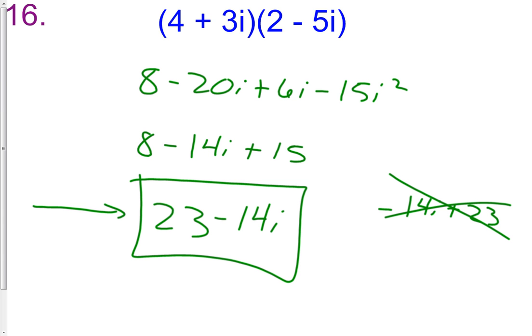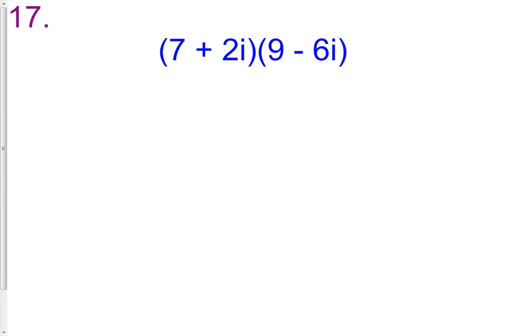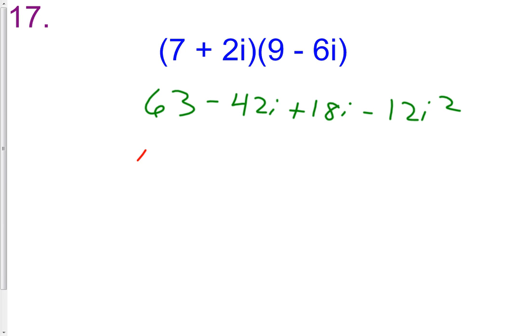This is not standard form, so make sure you don't write it like that. Write it like this. And then for 17, hopefully you got this. 7 times 9 is 63. Minus 42i plus 18i minus 12i squared. And a negative 12i squared is the same thing as a positive 12 because it's a negative 12 times a negative 1. So for our next line down, we're going to get 63.